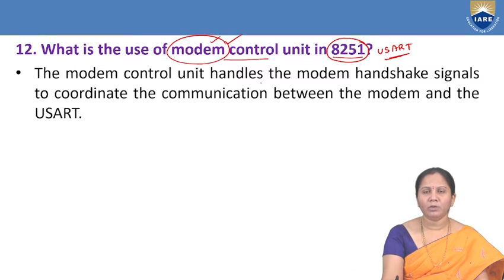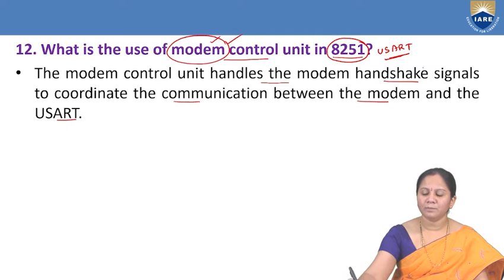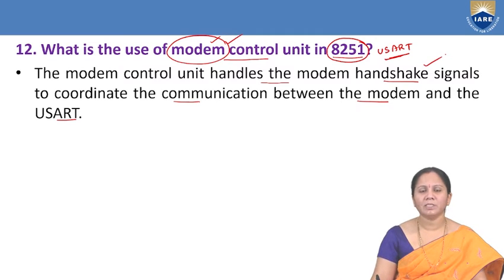The modem control unit handles the modem handshake signals to coordinate the communication between the modem and the USART. The modem has some handshaking signals which are used to communicate with the USART.